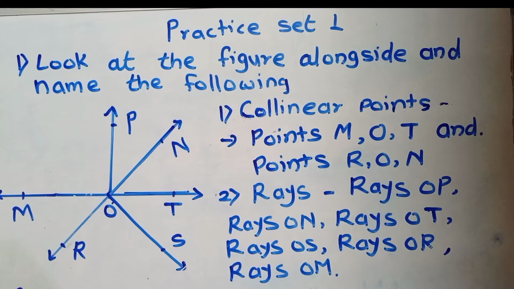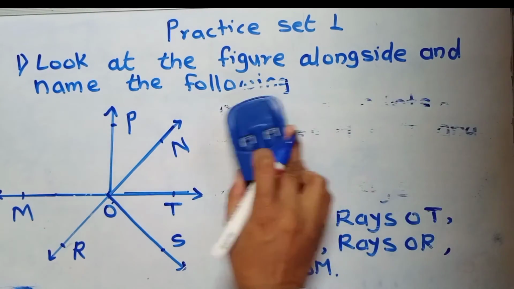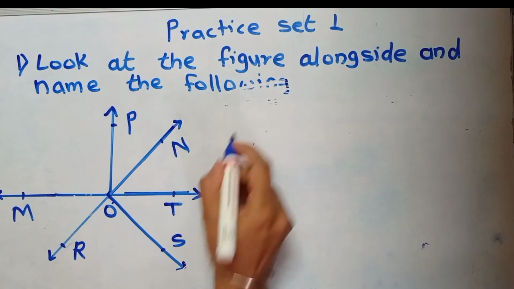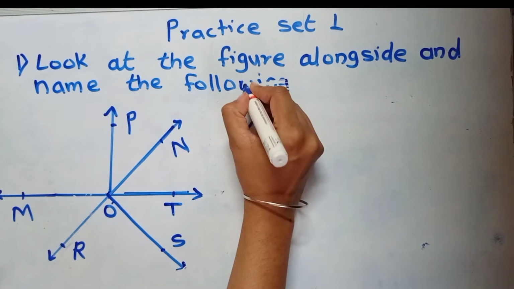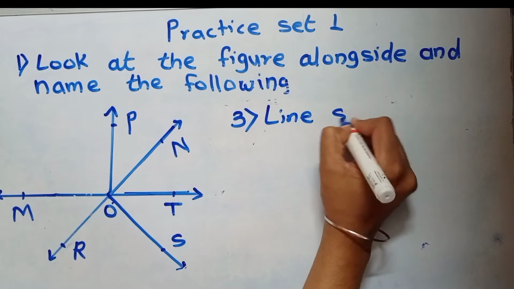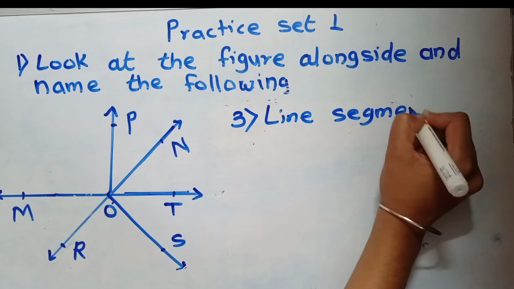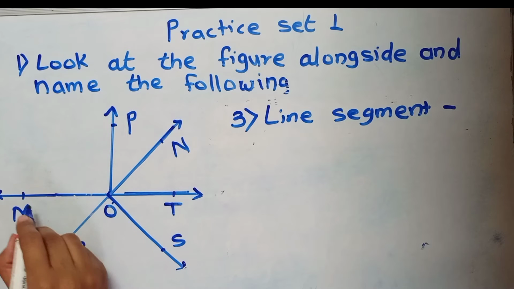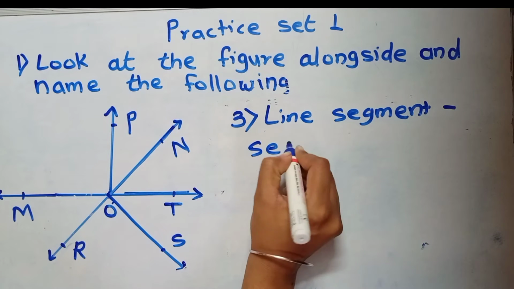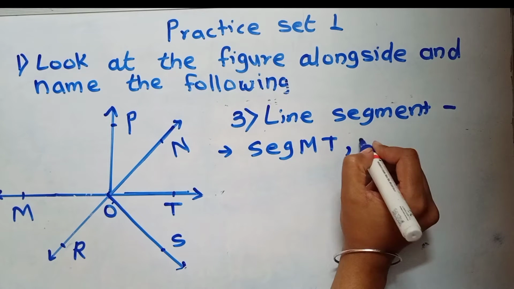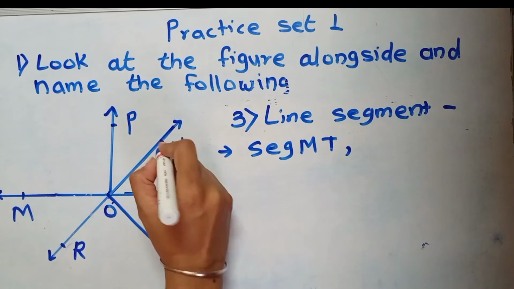Third question is line segments. Write down the line segments. Segment MT. Segment RN.